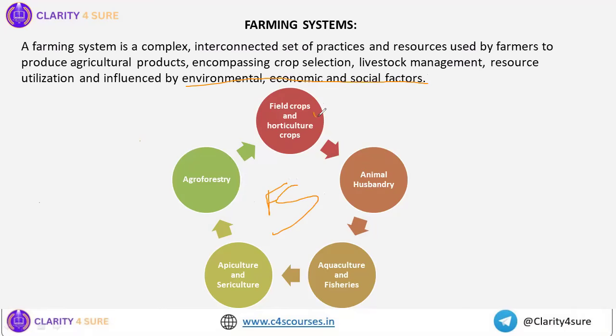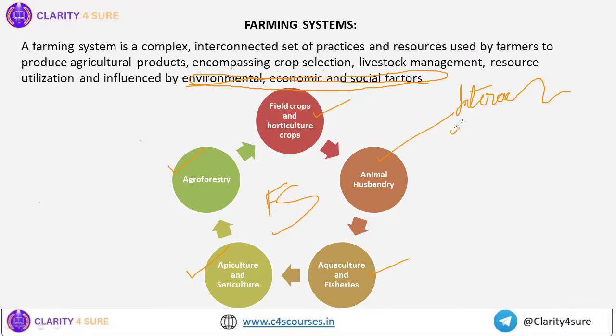Okay, there are field crops and horticultural crops. There is animal husbandry. There is aquaculture and fisheries. There is apiculture and sericulture. There is agroforestry, and the interaction of these components.